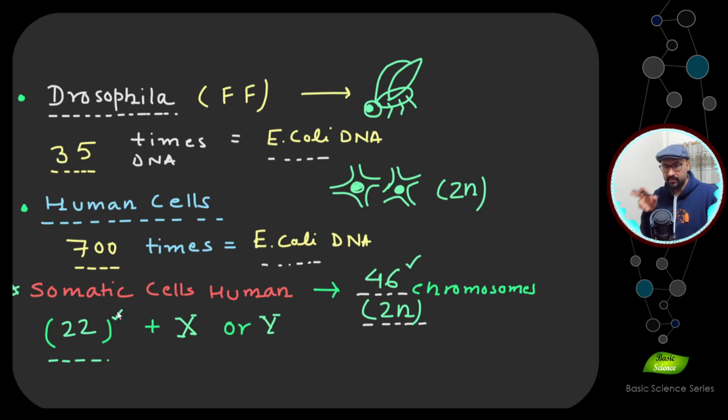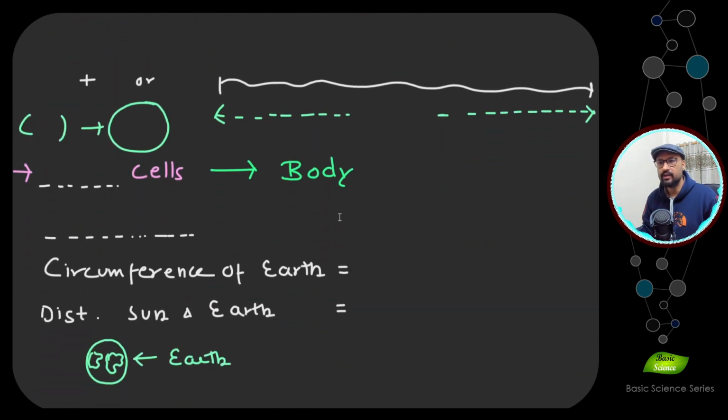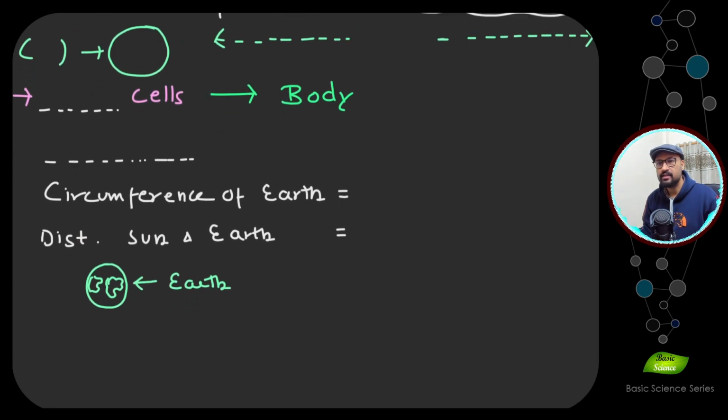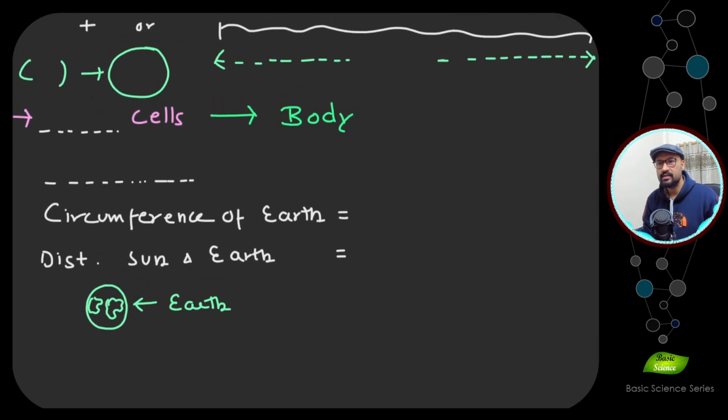This is important because now we will quantify the entire length of the DNA molecule in our body. In our body, what is the entire length of the DNA molecule? Okay, let's move on to that particular part, which is this one. Let me adjust it a little bit because I need a little bit of space down there to draw some interesting illustrations. Okay, all right. So moving on to this interesting comparison.